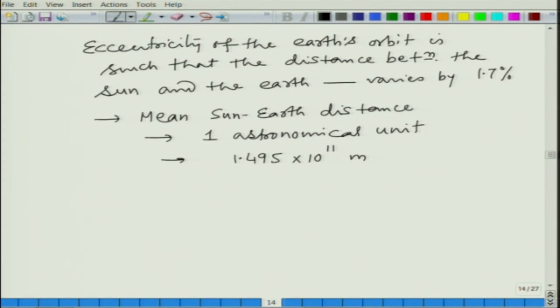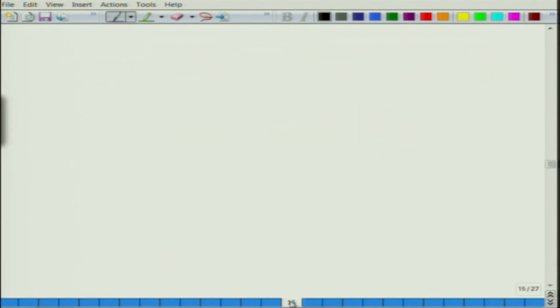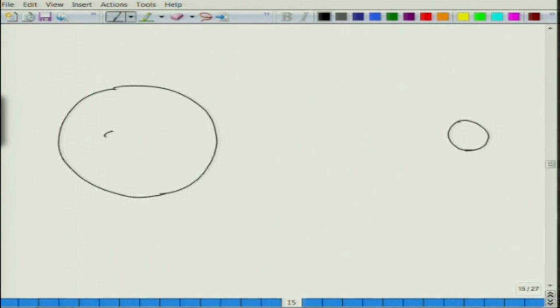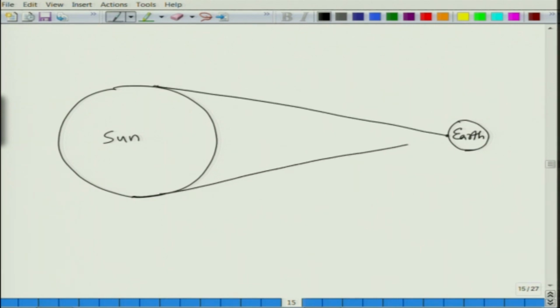Now, if we draw the Sun and Earth, let us say this is the big sphere which is the Sun, and the small sphere which is the Earth. If we have an observer on Earth, what will it see? It will see a sphere in the sky, right. The Sun will be a big sphere in the sky. What is the value of this diameter?